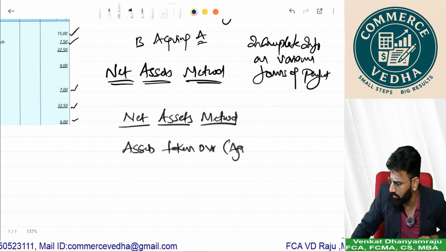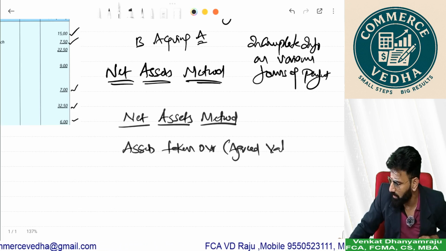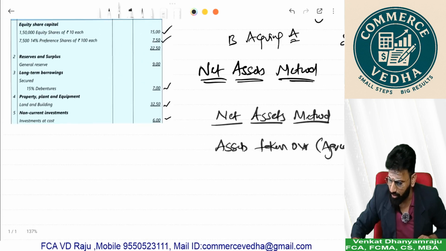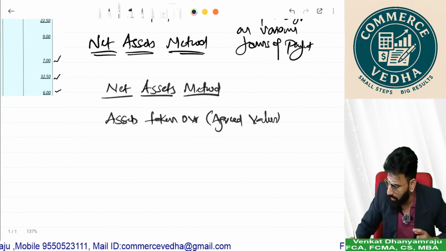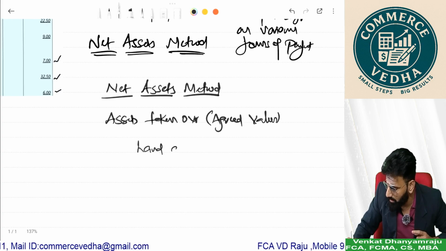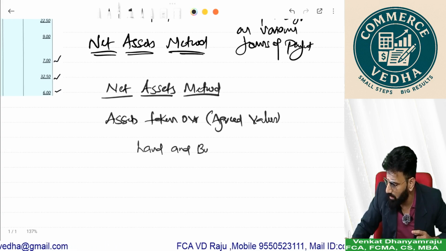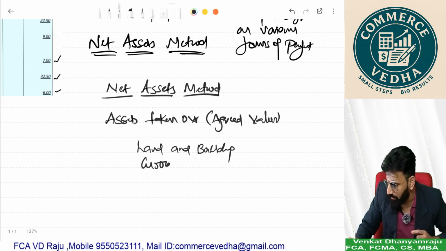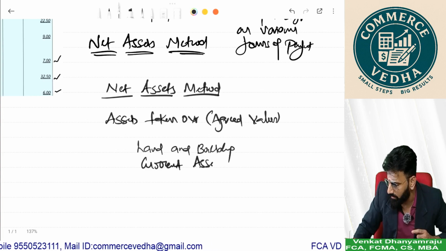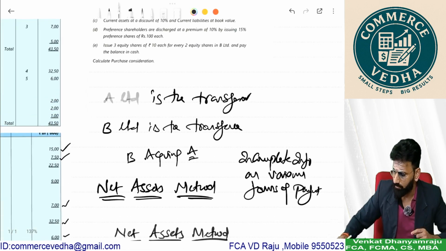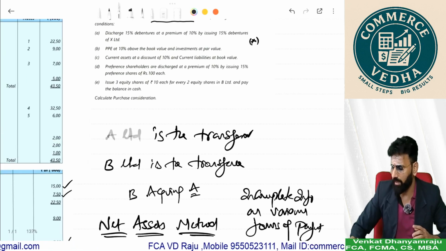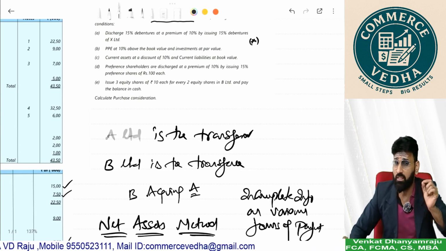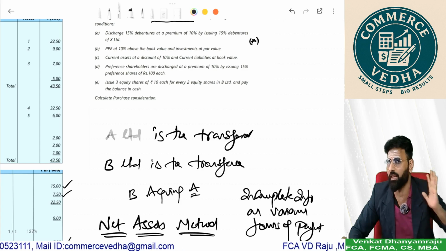Which values? Agreed values. What are the assets in the question? Land and building, and they say current assets are taken at a discount. So total current assets as a group are taken at a discount without giving individual values to any assets.